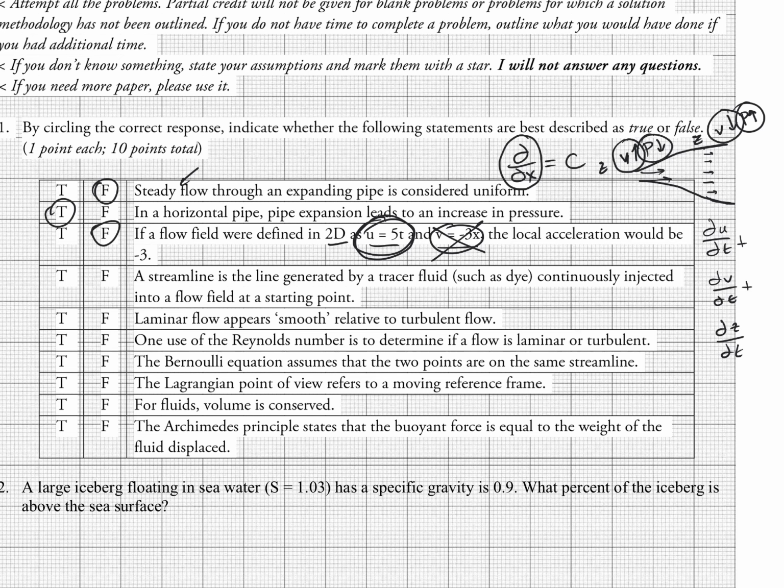Okay, a streamline is a line generated by a tracer fluid, such as dye, continuously injected into a flow field at a starting point. And that is no. That would be a path line. No, that wouldn't be a path line. This would be a streak line. Okay, that's the definition of a streak line.